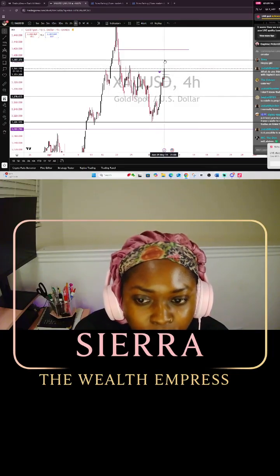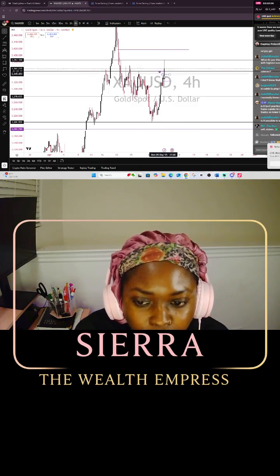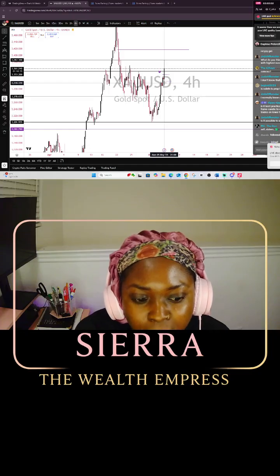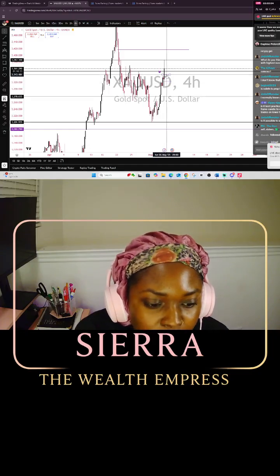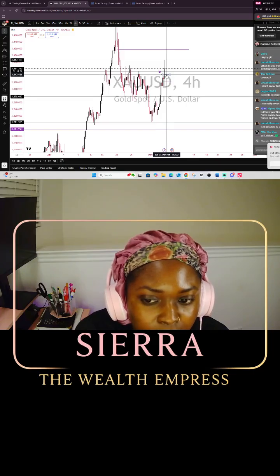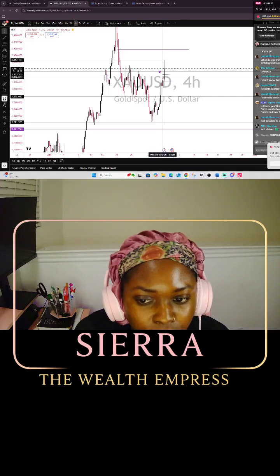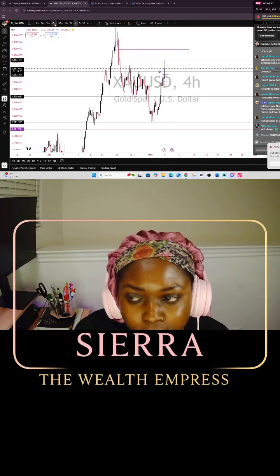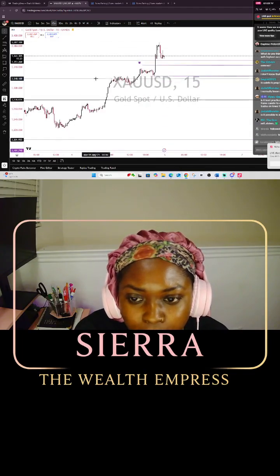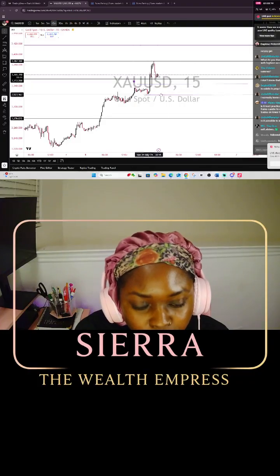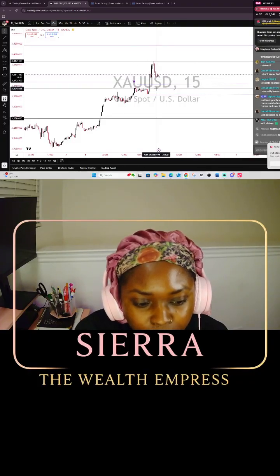If price rejects and then comes all the way underneath, breaks our structure and closes underneath, then you'll miss your entry, right? Price is fractal. Whatever is going on within this 4 hour candle is happening on the lower time frame, and you don't want to miss your entry on the lower time frame.